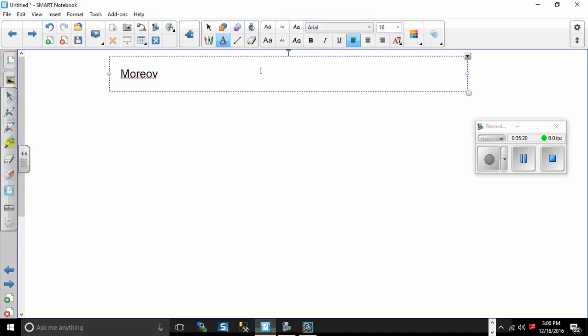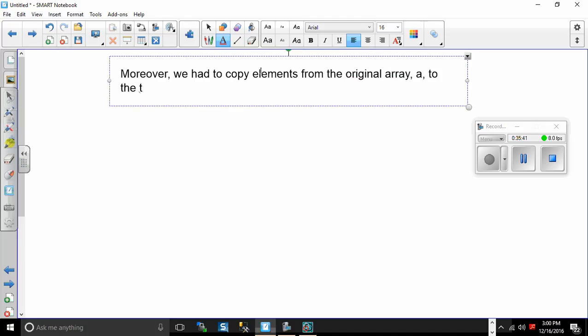Now, moving on. Moreover, we had to copy elements from the original array, which we call A, to the two halves.